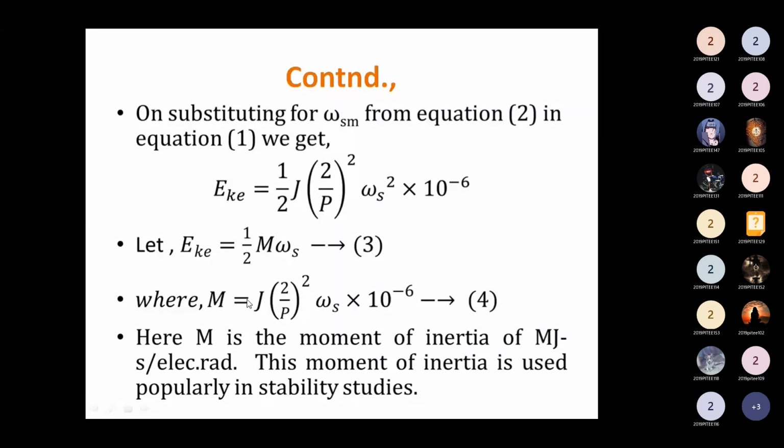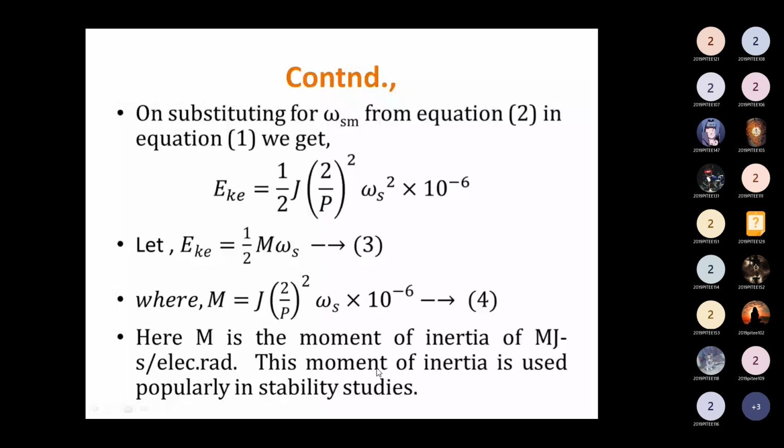I am simplifying the entire term, J 2 by P whole square into 10 power minus 6, as M, capital M. So the EK equation is 1 by 2 times M times omega s square. This moment of inertia is particularly used in your stability studies. It is one of the famous equations to evaluate your moment of inertia.